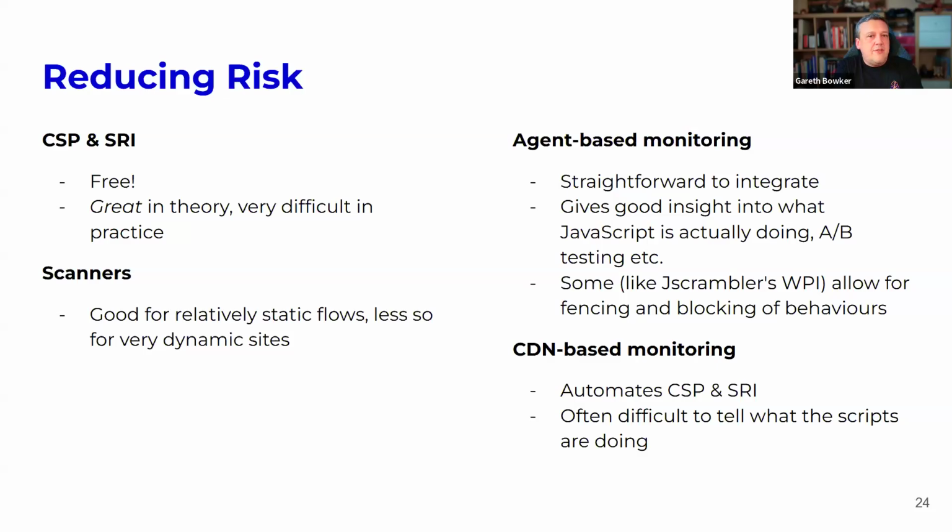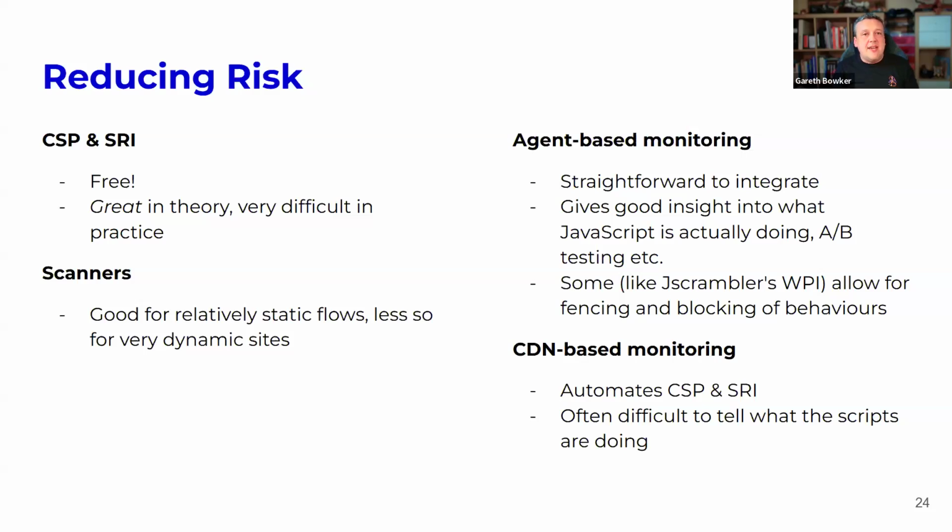And then the flip side of that is agent-based monitoring. Again, these are relatively straightforward to integrate, not as straightforward as the scanner where there's no integration needed. But the agent is a line of JavaScript that is added into the page. So it's now JavaScript running in the customer's web browser, and because it's running essentially all of the time, it will see all of the different behaviors that your customers are seeing. It'll see what the JavaScript is actually doing.